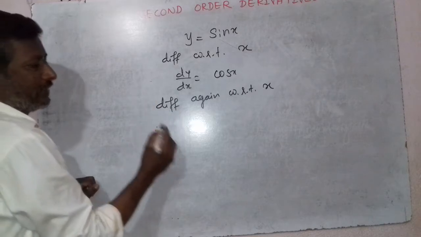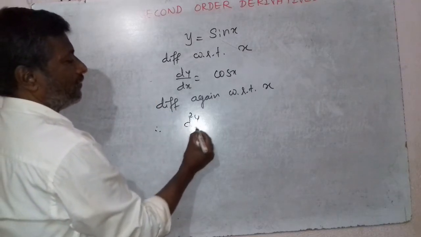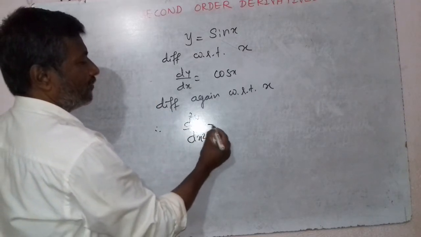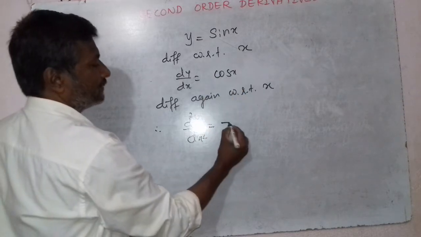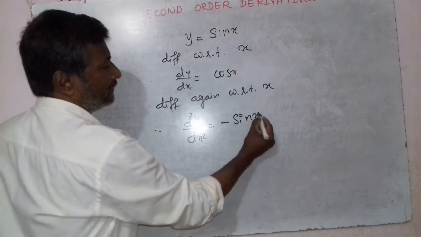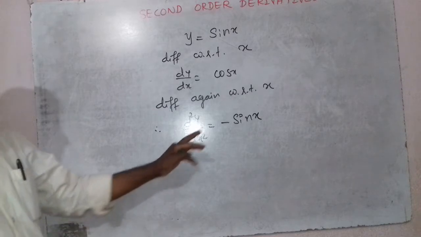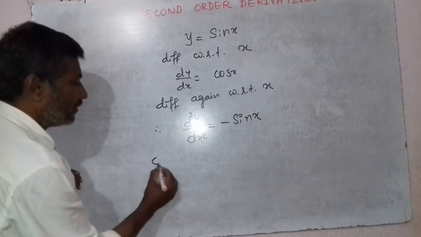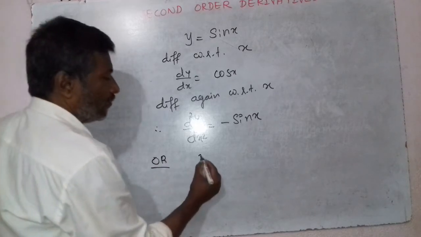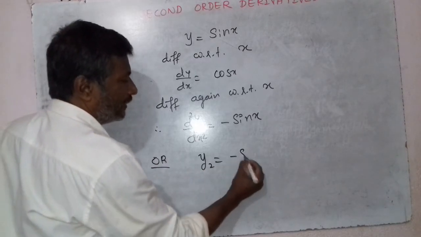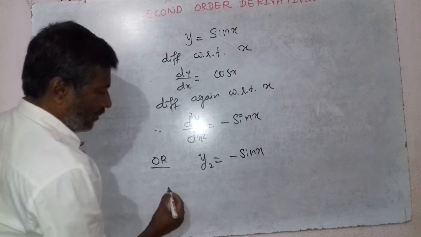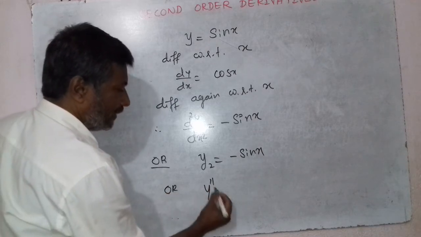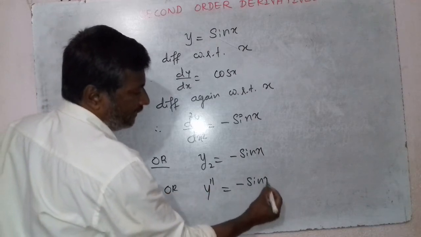Therefore, directly I will write the second derivative as d square y by dx square equal to derivative of cos x, which is minus sin x. So y2 equal to minus sin x, or y double dash equal to minus sin x.